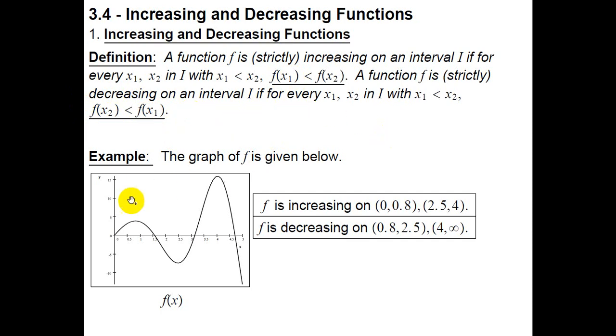Okay, let us look at this curve. Here, you see there are certain edges. These are the edges of this curve, and this edge is at 0.8. For the values from 0 to 0.8, the function is increasing in nature, and from 0.8 to 2.5, the function is decreasing in nature.